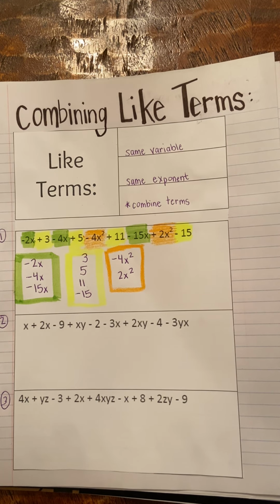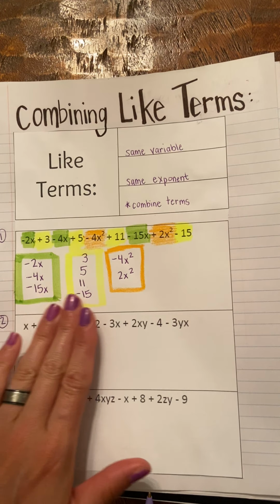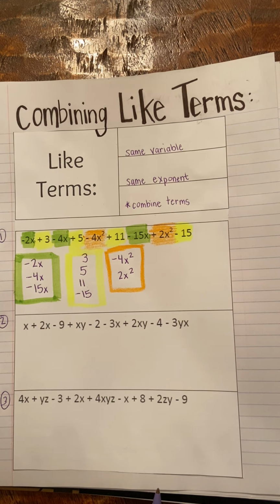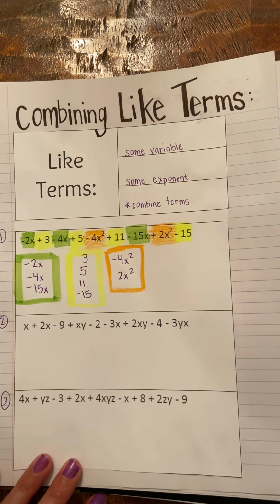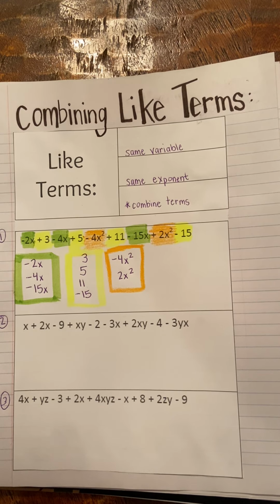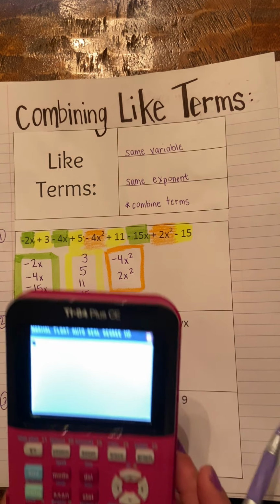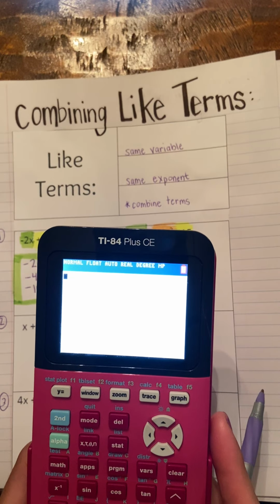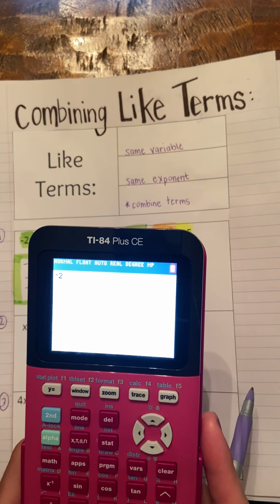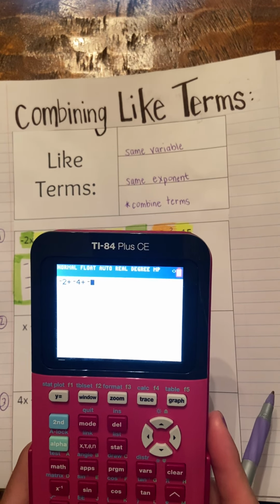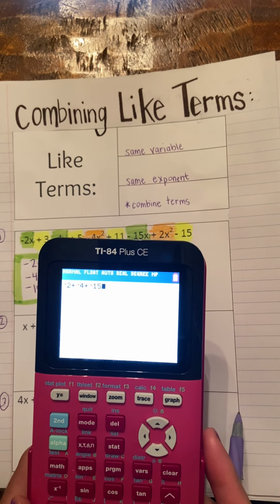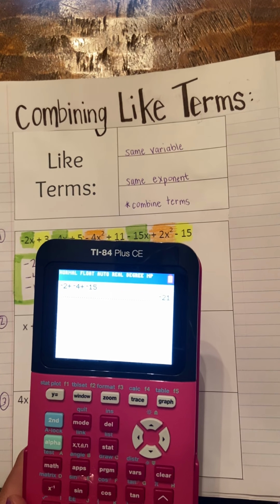So with algebraic expressions, the last thing is to simplify. So we organized our terms into categories, and now we just need to simplify. When you combine these, you can actually add them together. So on your calculator, it would look like this. The green terms are -2 plus -4 plus -15. And that will get us -21.